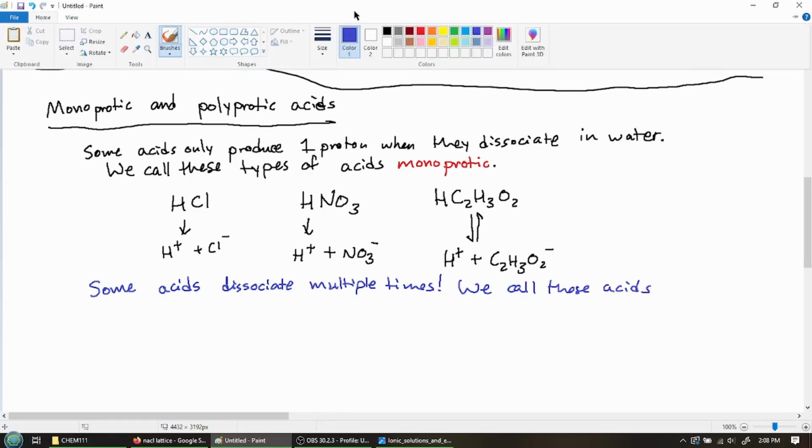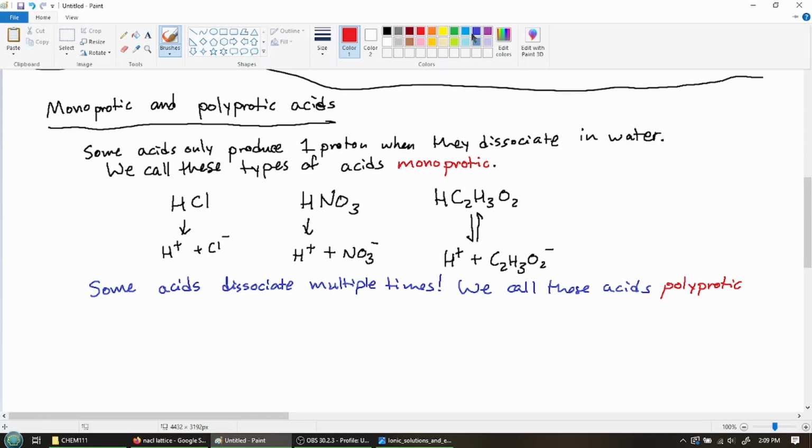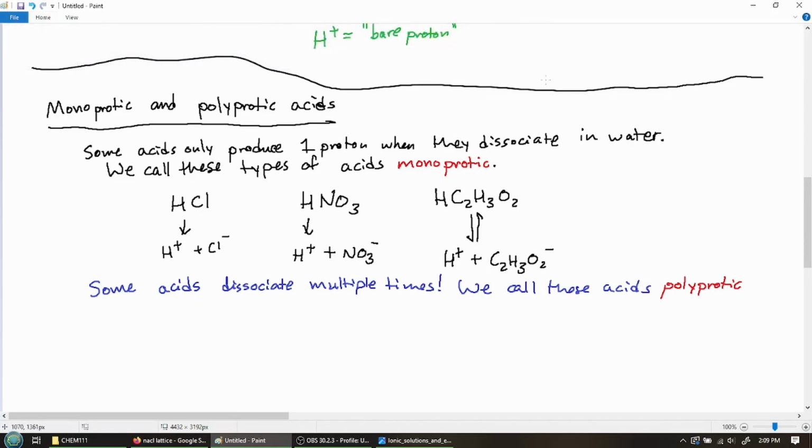Let me go back to red. So what are some examples of this? Well, feel free to take a second. I want you to think about it just for a sec. Feel free to pause. I want you to think of some examples of acids from what we've talked about that have more than 1 proton to give.